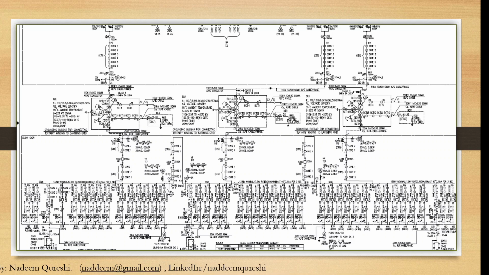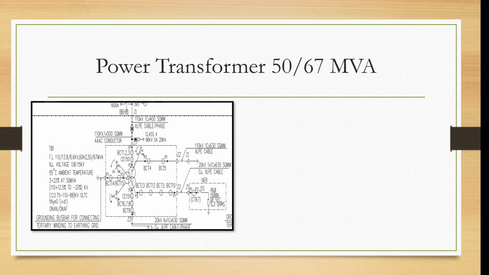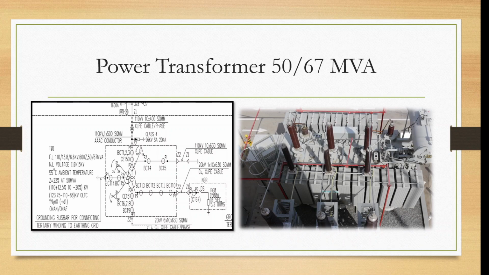Let us zoom in on this area for clear visibility. Here you can see the extract of the single line diagram and the picture of the same transformer. Let us go into some details which are required for a project manager or a project team to understand.